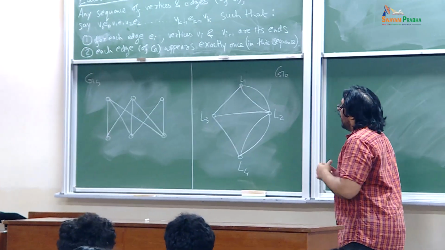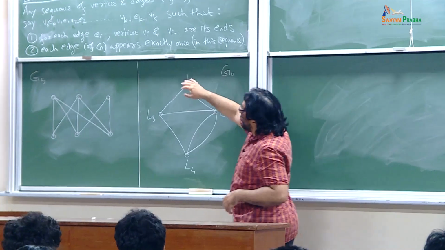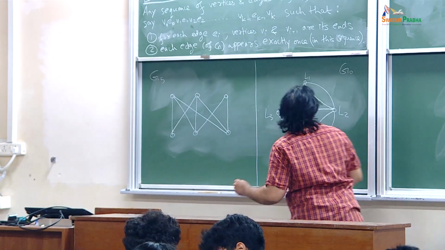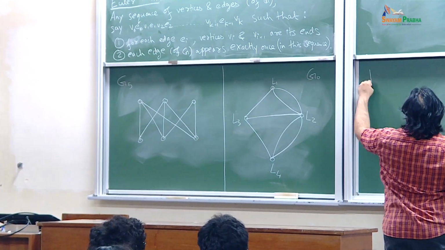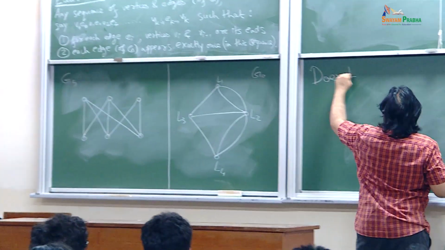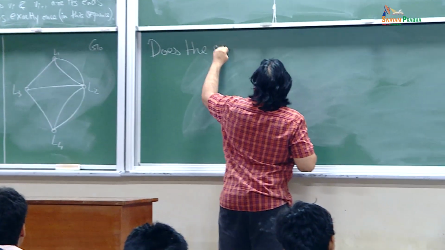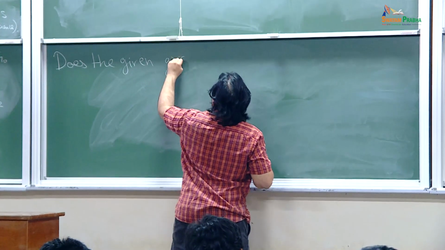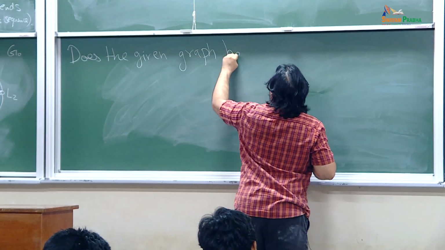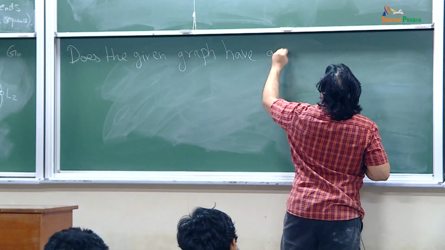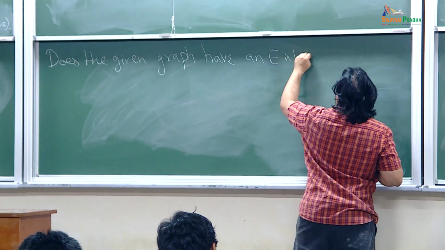And what is the question we are asking? The original question is, does the given graph have an Euler walk?